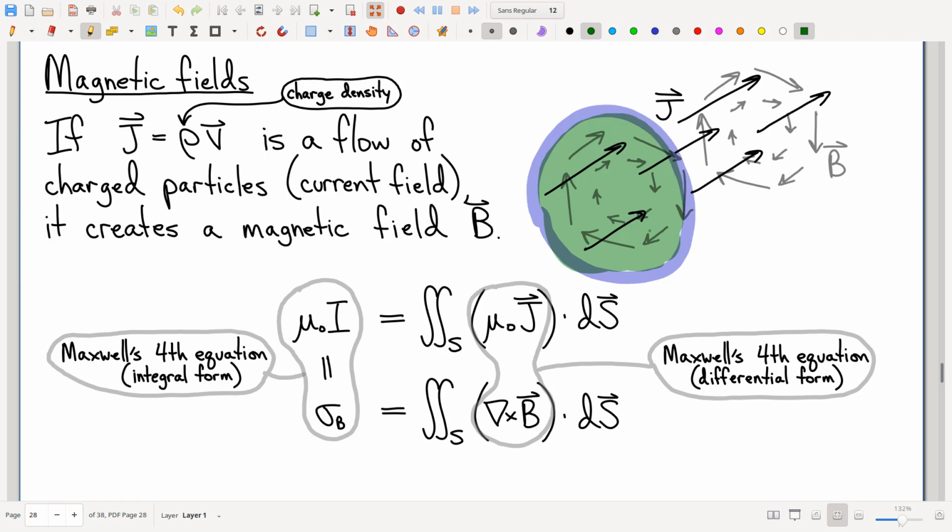On the one hand, we can talk about how much current there is going through that surface. Keep in mind what current is: how many charged particles per unit time. Typically, you think of the current in a wire, and you're watching the charged particles go past a spot. Here, we have an entire surface, and we're interested in how many charged particles are flowing through that surface. It's literally flux. So that's one thing that we can talk about.